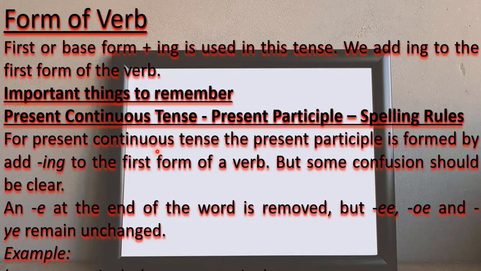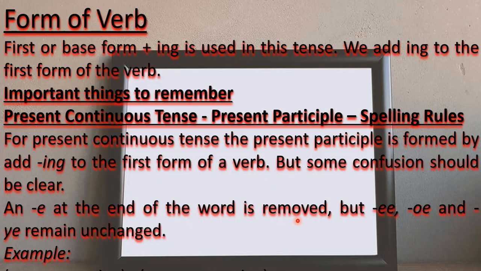Spelling rules. What are the spelling rules? Look at these lines carefully. For present continuous tense, the present participle is formed by adding ing to the first form of a verb.